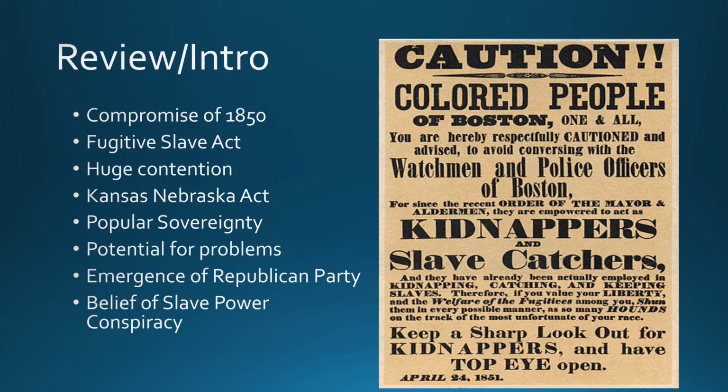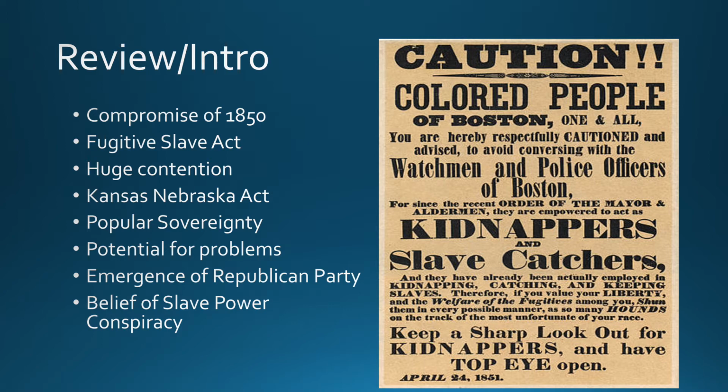Republicans and many in the North feared very much what's referred to as a slave power conspiracy. This was the idea that, just like in the South, where the planter aristocracy ran supreme, the planter aristocracy was taking over key parts of the federal government. They had the ear of the president. They had taken over the Supreme Court and things like that.